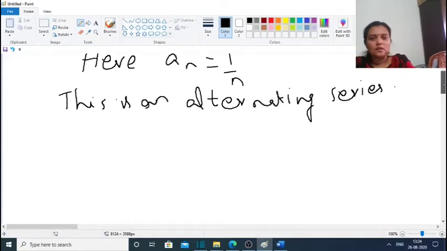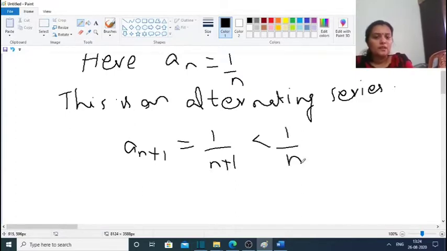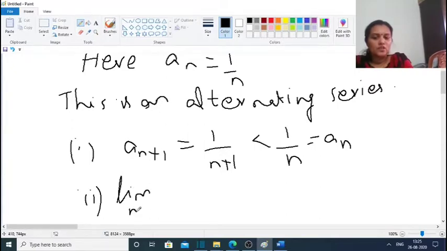First, an plus 1 is equal to 1 by n plus 1, which is less than 1 by n, is equal to an. This is first condition. Second condition, we have to find limit n tends to infinity an, which is equal to limit n tends to infinity 1 by n is equal to 0.